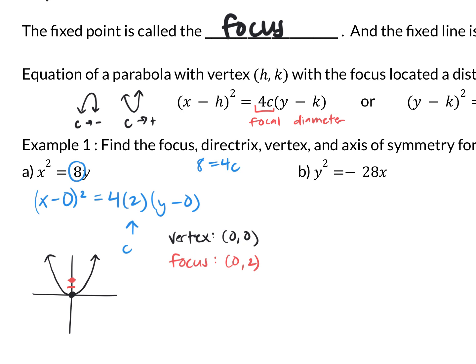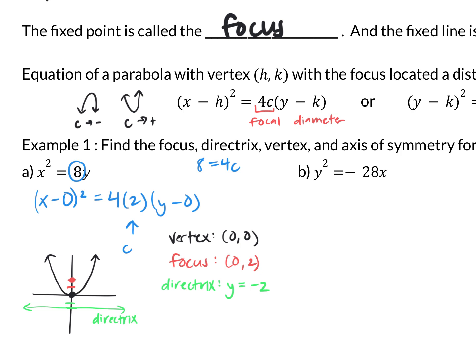My directrix is in the opposite direction. So instead of going up 2, it's going to go down 2 from that vertex. And that line right there is my directrix. So your equation of that line would be y equals -2.